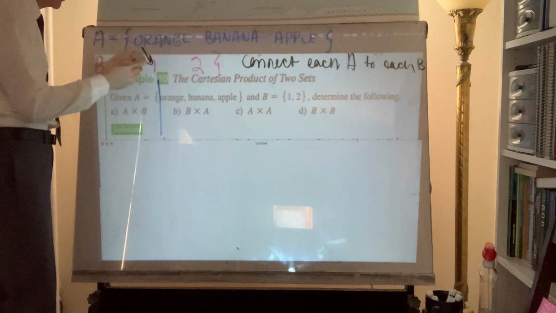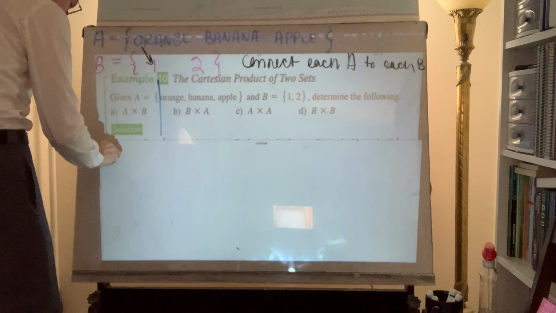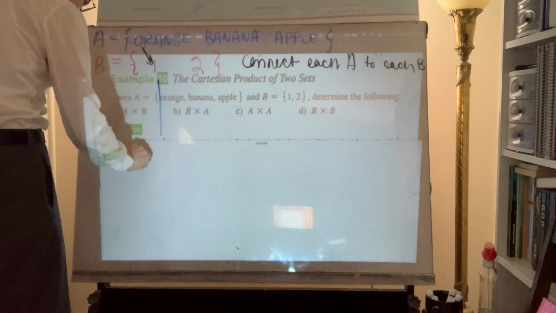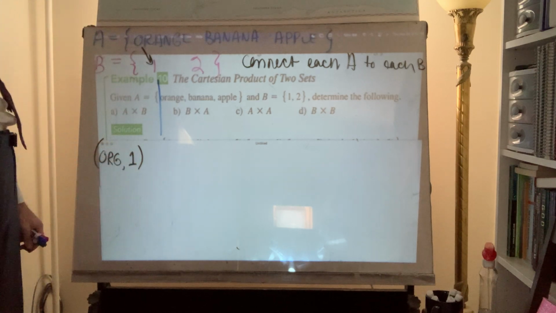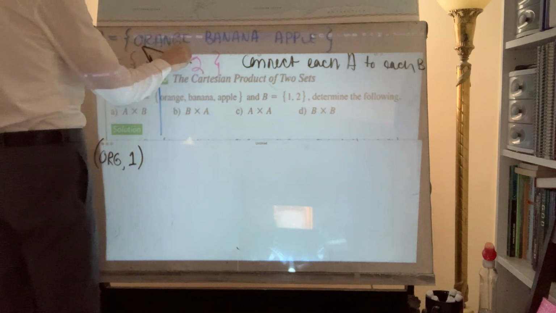Orange 1. A little comma. Okay. Orange 2.